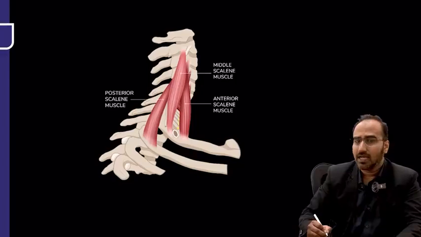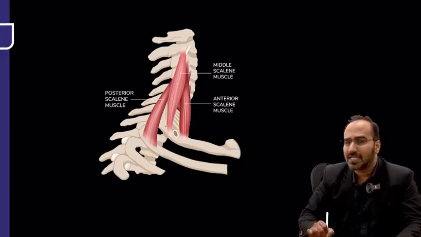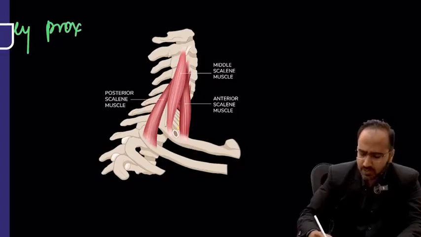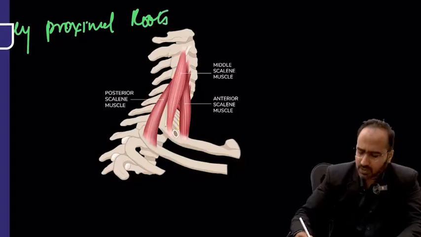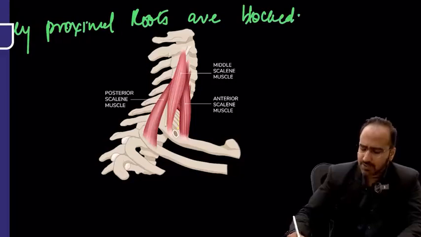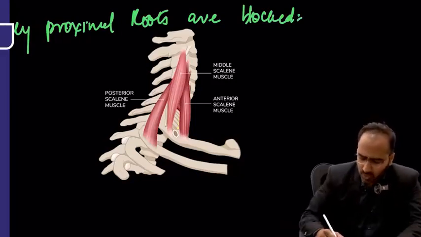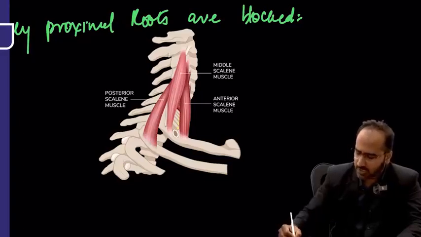But remember, with this interscalene approach, only proximal roots are blocked. When I am talking about proximal roots, what roots are we discussing? Only C5, C6, C7 are blocked.